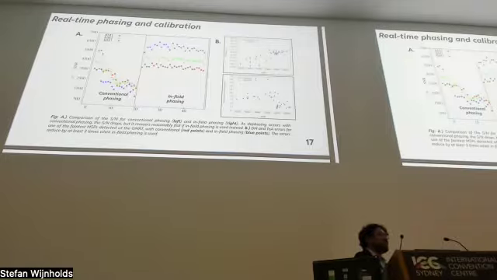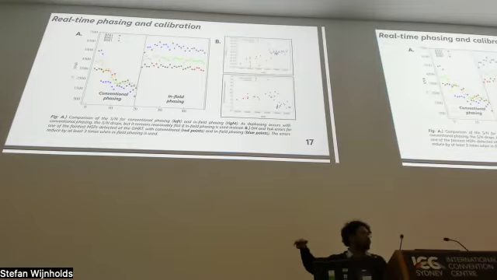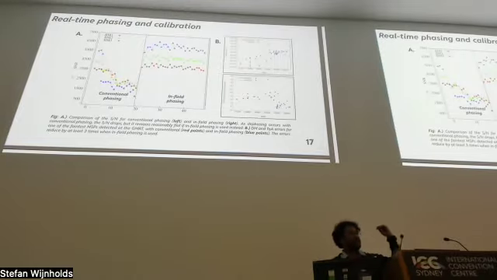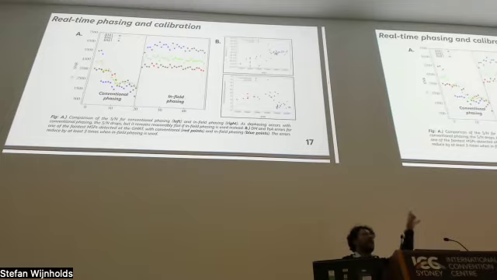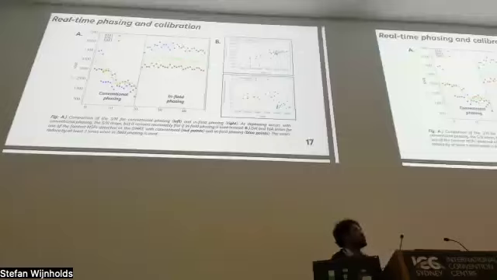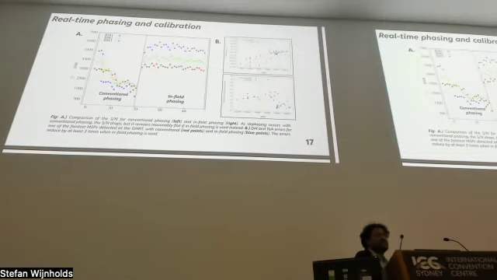But the issue is, as time goes on while you're observing the target source, your phasing solutions may not hold true. That causes the sensitivity to reduce, so you may be shifting back to the calibrator, again to the source, again to the calibrator, again to the source. So you lose a lot of time jumping back and forth between your target and the calibrator.